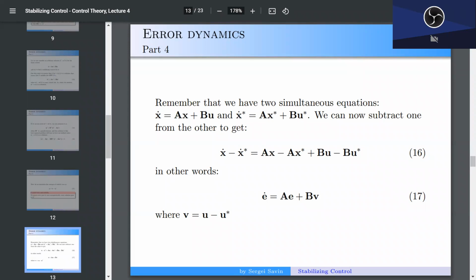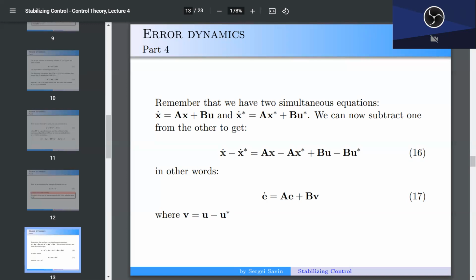Left-hand side is e dot, error dot, because by definition, error is x minus x star. Next, we have A times error. And the last part, let me write it down for you. You cannot see it still because of the sun, so let me write it for you.